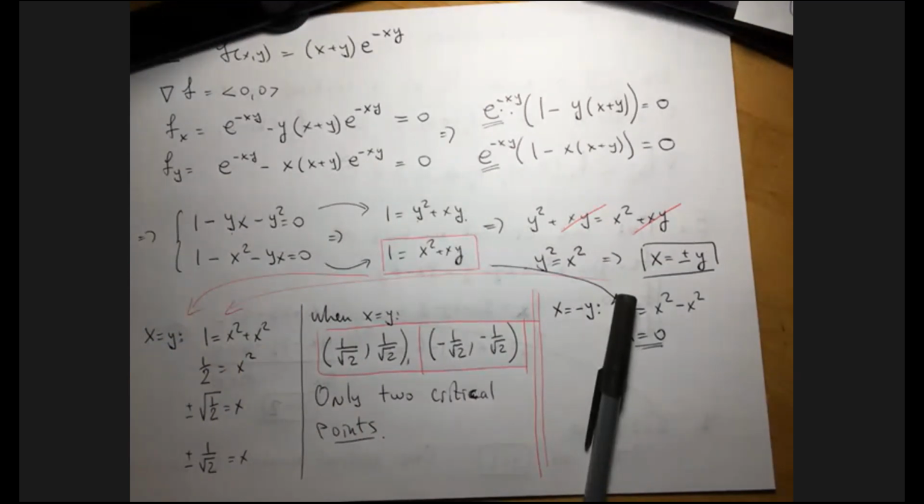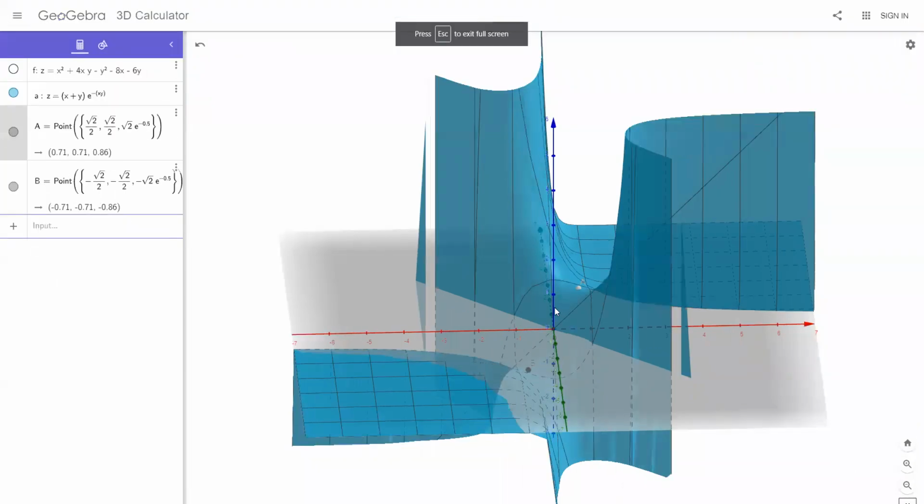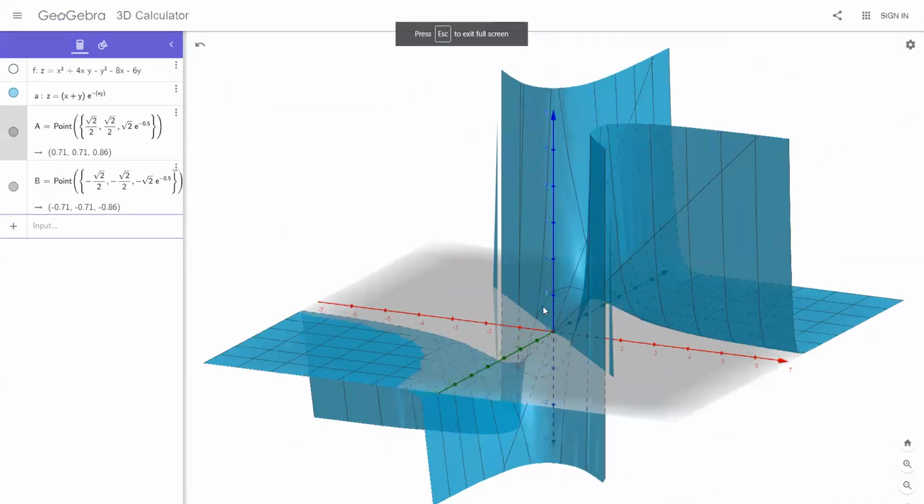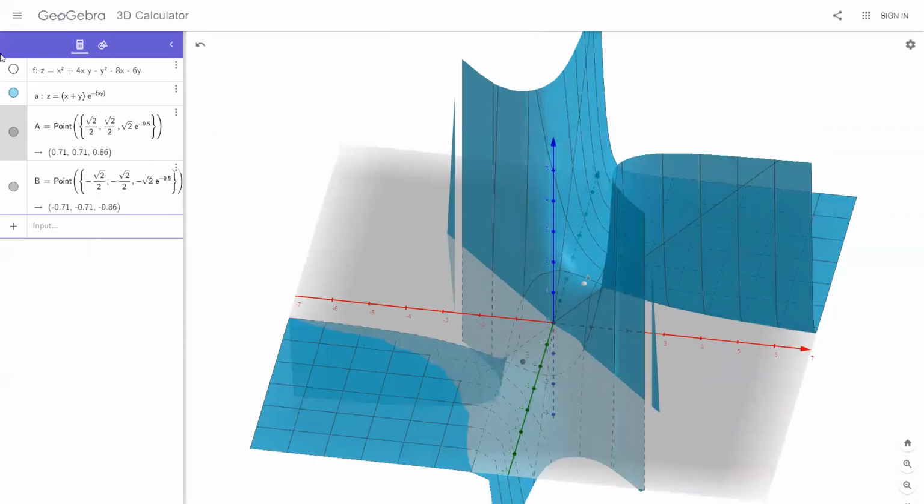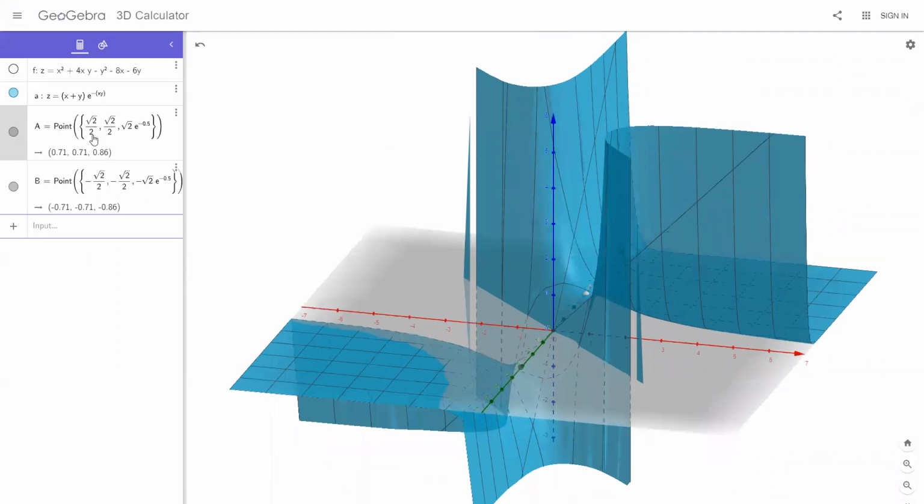Well, I plotted this graph, and I obtained this surface, right? And then I was able to plot the point square root of 2 over 2, which is 1 over square root of 2, 1 over square root of 2, and the z value, of course, and negative 1 over square root of 2, negative 1 over square root of 2, and the resulting z values.